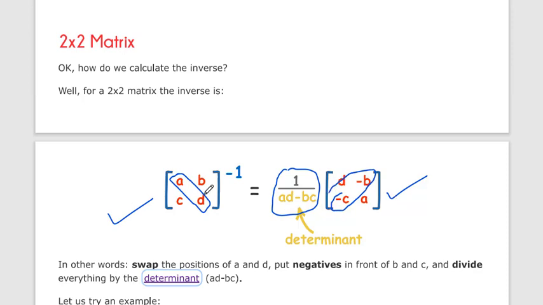If it's positive, it becomes negative, and if it's negative, it becomes positive. With this equation we can find the inverse of a 2 by 2 matrix.